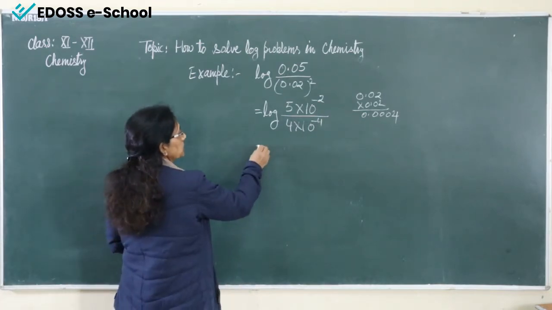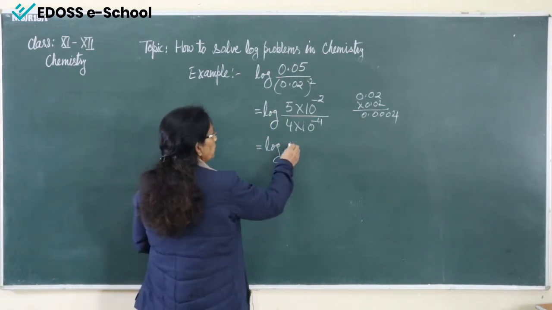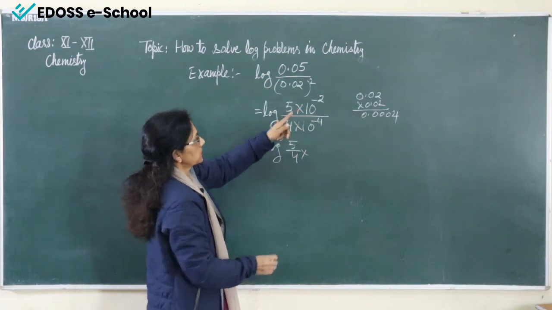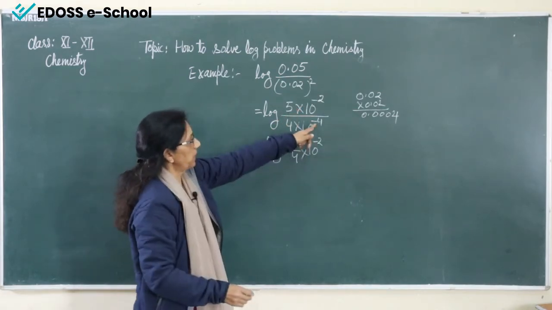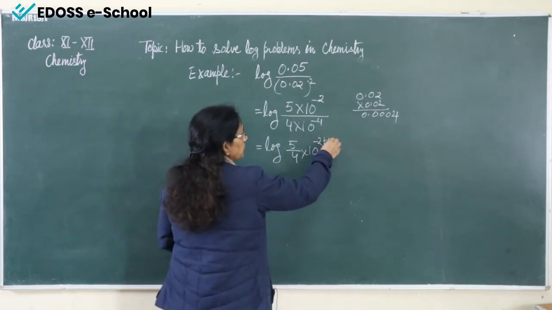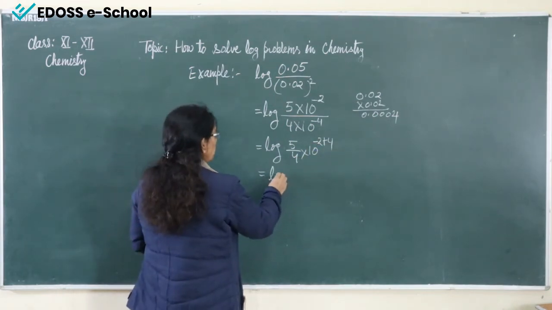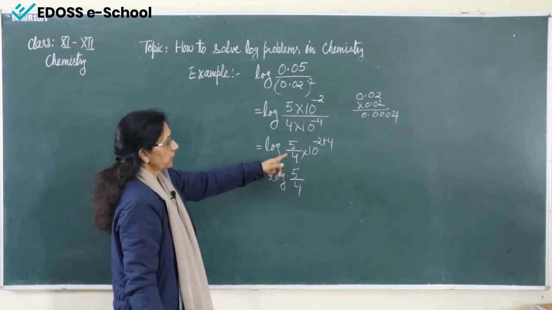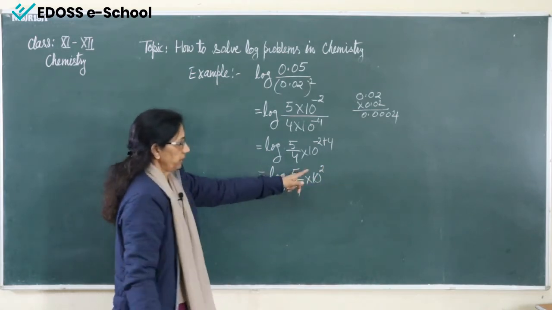Okay, now we can say this will be equal to 5 upon 4 multiplied by 10 raised to power minus 2 and this is minus 4, so it will become plus 2. So this is equal to log of 5 upon 4 into 10 raised to power 2.